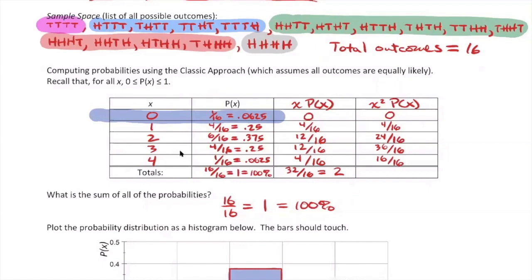And then we need to add those up. And let's see, 4 and 24 is 28. 28 and 36 is 64. So 16, I think, is 80 divided by 16. Anybody want to take a stab and write down what 80 divided by 16 is? Yep, 5. Thanks, Susan.